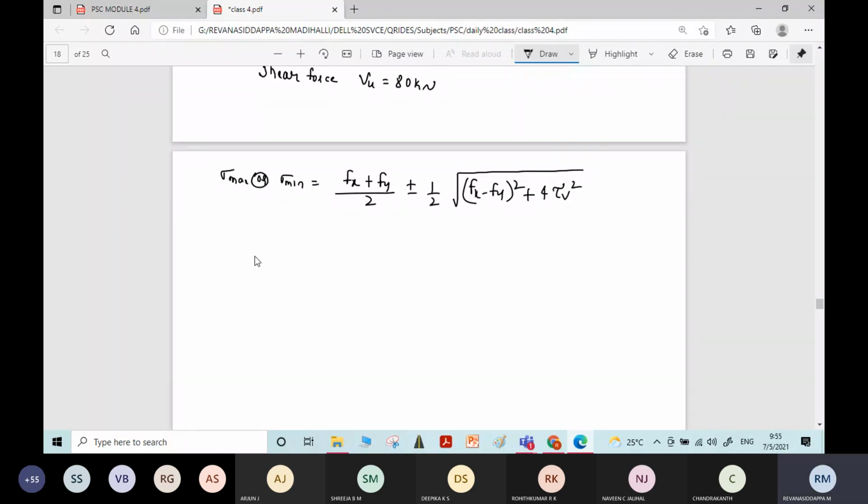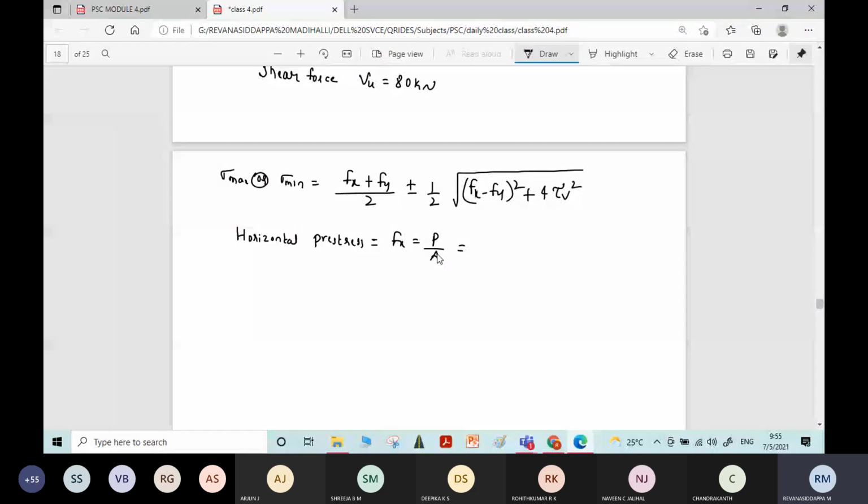First, fx, horizontal pressure. fx is equal to, what is the formula? P by A. Here A is area of I section, area of cross section, not area of the cables.